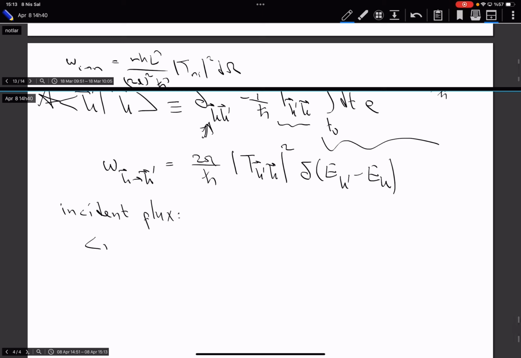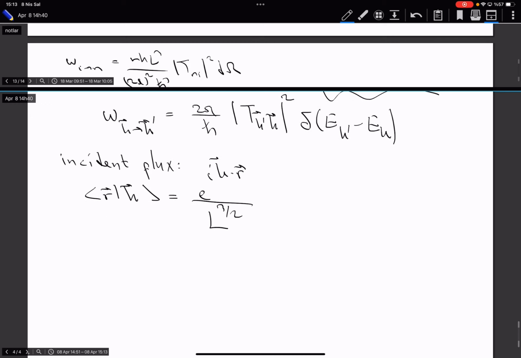So the states will be e to the power i k dot r over L to the power 3 over 2. You can just go ahead and calculate the flux corresponding to this wave. In general, flux is just the density times the velocity. This is always our flux.